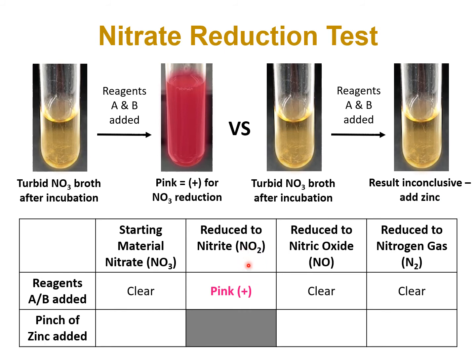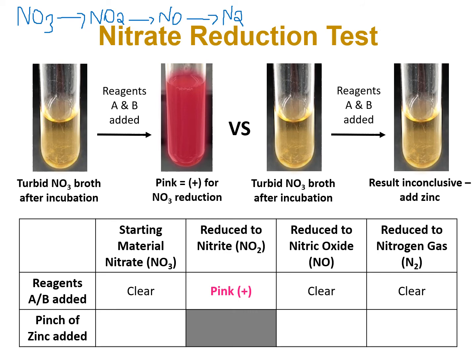Well, yes, but remember how I said, let me write it out for you one more time. We said that some bacteria can go through full reduction or they can go through partial reduction. So as I said, this can happen: nitrate can be reduced to nitrite, which then can be reduced to nitric oxide, which then can be reduced to nitrogen gas.